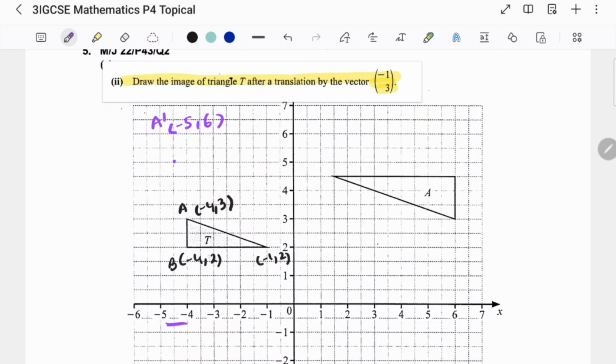So obviously -4, 2 will come at -5 and 5. All right, so let's move this one. You can add also, or move 1 point, then 1, 2 and 3. So that is -5, 5.